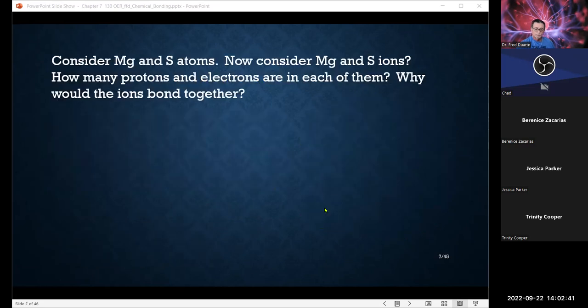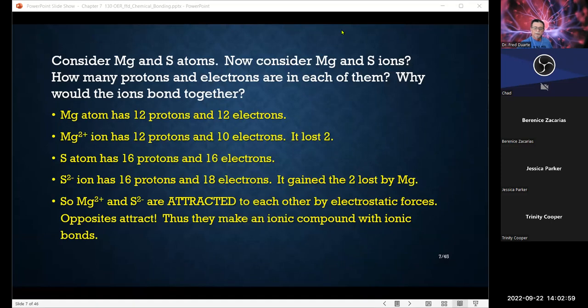Okay, so let's consider magnesium and sulfur atoms. And then we want to consider the magnesium and the sulfur ions, okay? We went through this before, but we'll go over it again, just to demonstrate. The magnesium atom and the ion both have 12 protons, okay?